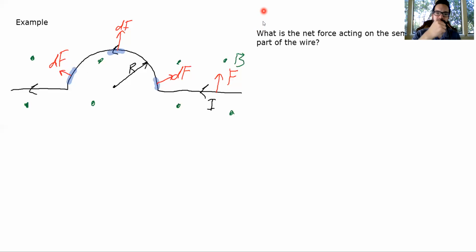We have current going downwards, kind of down to the left, right? So I want to put my thumb in that direction. My pointer is going out of the screen.